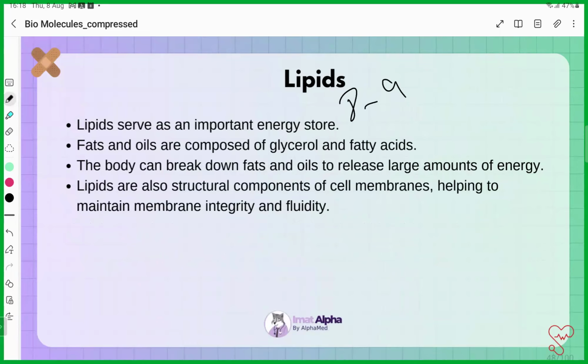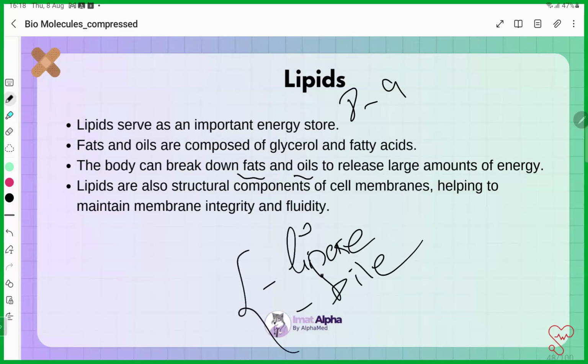The body can break down fats and oils to release large amounts of energy. How can the body break down these fats? Using the enzyme lipase and using bile from the liver.